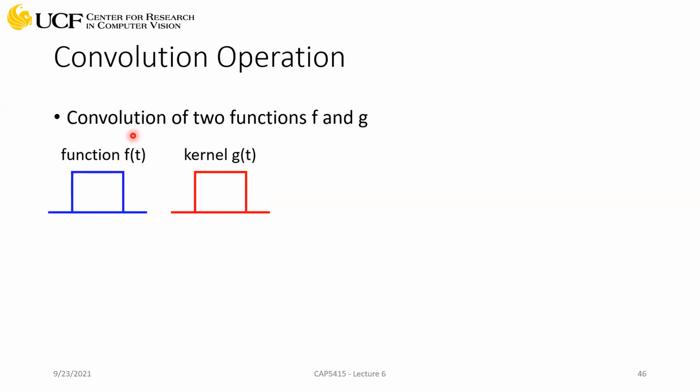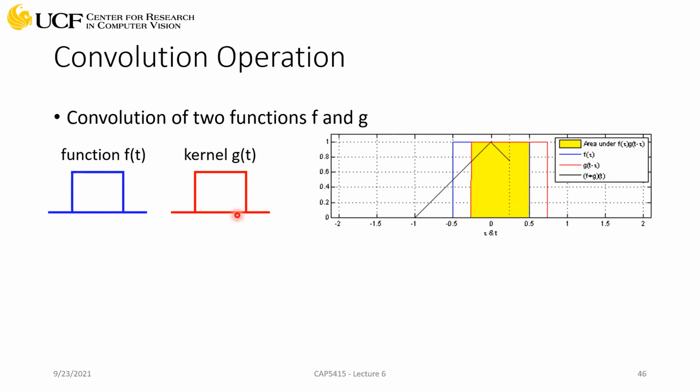When you convolve these two functions, you flip the kernel. In this case it's symmetrical, so it's not going to change. Then you apply this kernel at all the possible locations in the function. There will be negative infinity towards the left and positive infinity towards the right, and this plot is showing that.